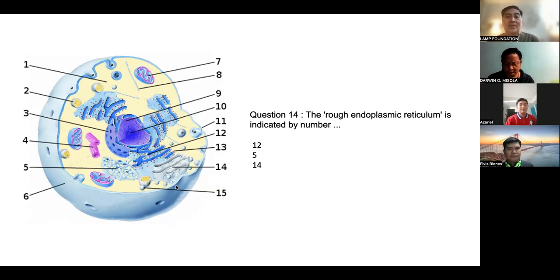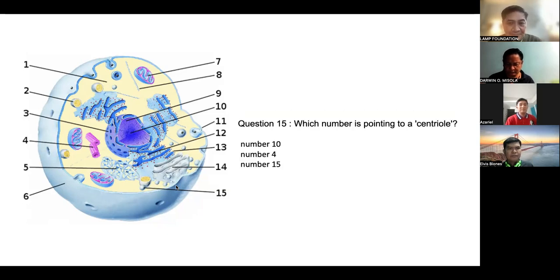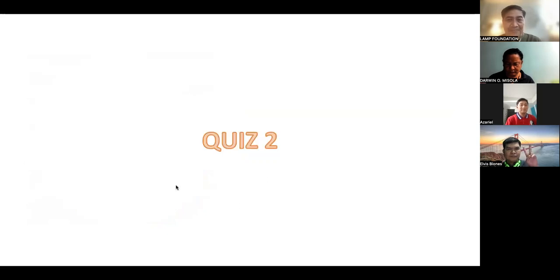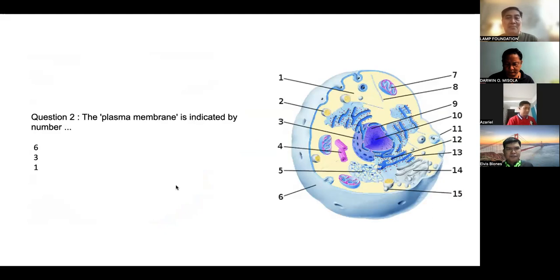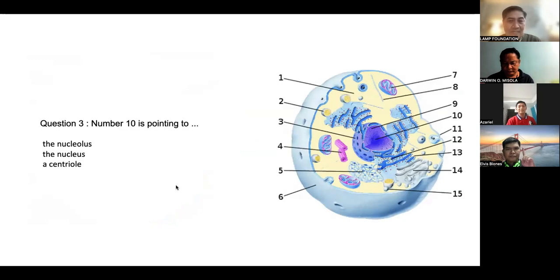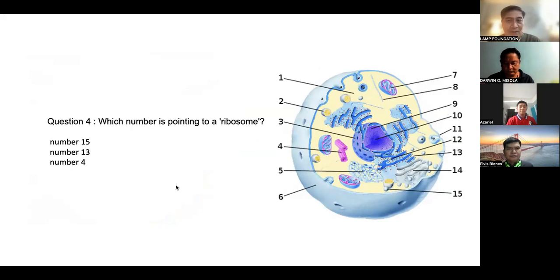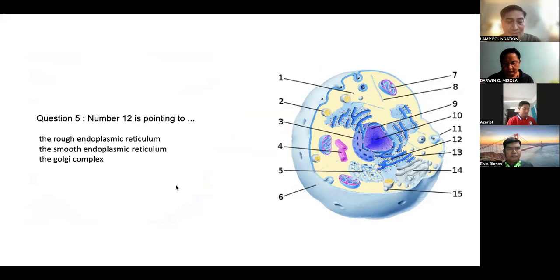Which number is pointing to a centriole? What is indicated by number 9? The plasma membrane is indicated by number. Number 10 is pointing to. Which number is pointing to a ribosome? Number 12 is pointing to.